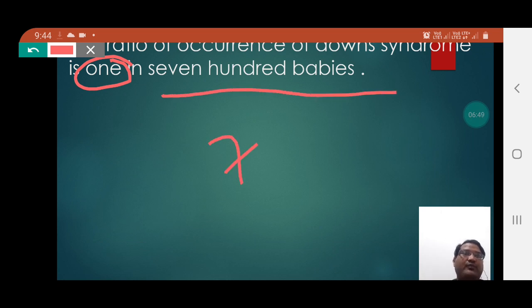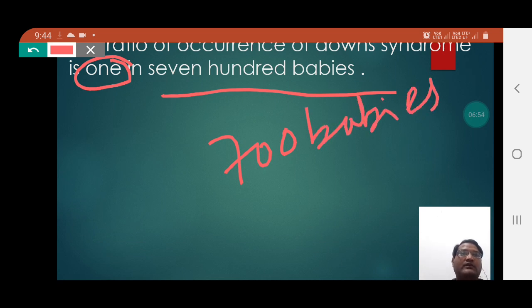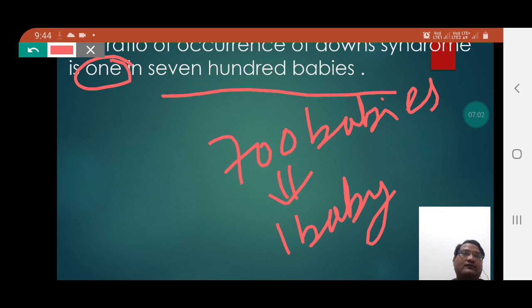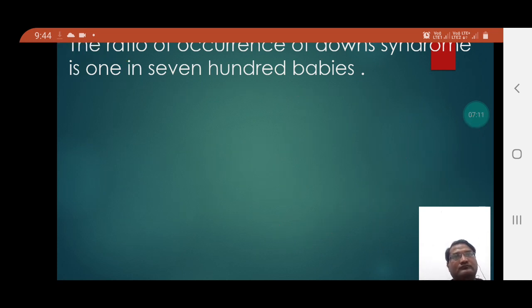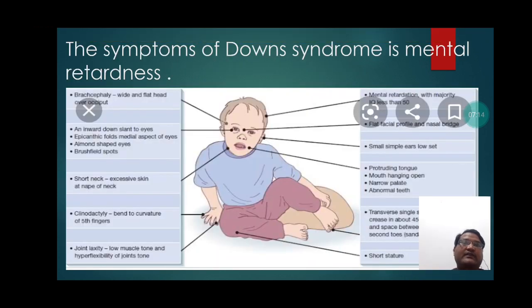So, if 700 babies are born, then out of these 700 babies, only one baby will suffer from Down syndrome. Definitely we can say that it is a very rare disease.